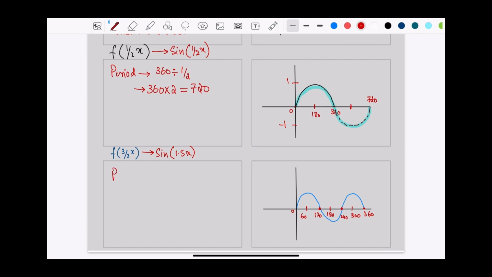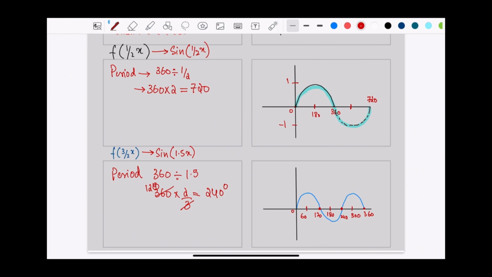The period is 360 divided by 1.5, or 360 times 2 over 3, which gives you 240 degrees.